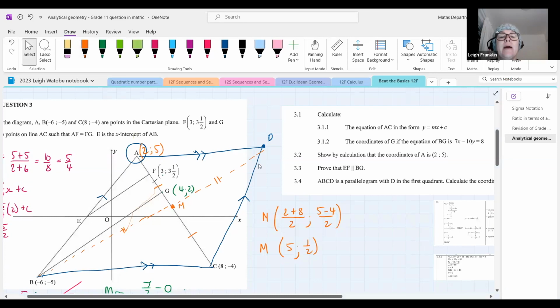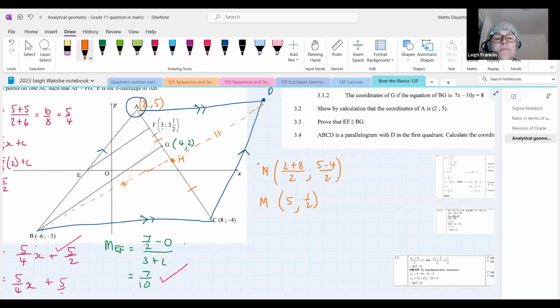Now to work back to D, okay, the x at D plus the x coordinate at the other end, so that would be -6 over 2 is equal to the x coordinate at the midpoint, which would be 5. So cross multiply, the x at D minus 6 is equal to 10. So the x at D would be 16.